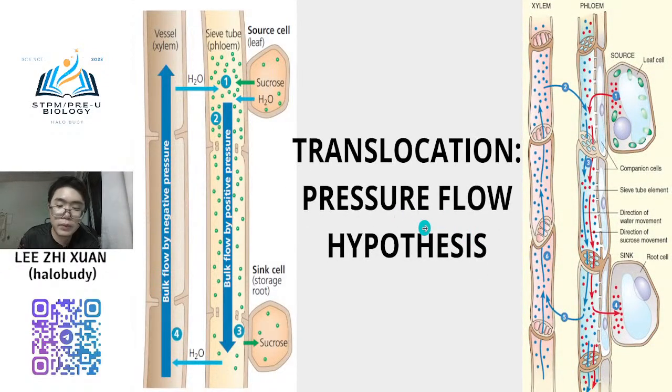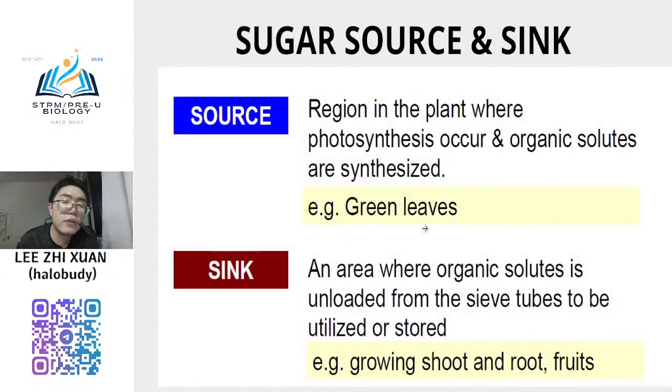Source means the original place where the photosynthate is synthesized. Normally the sugar source in the plant is the leaf, because the leaf is where photosynthesis takes place, as it contains a high concentration of chloroplasts compared to other parts of the plant.